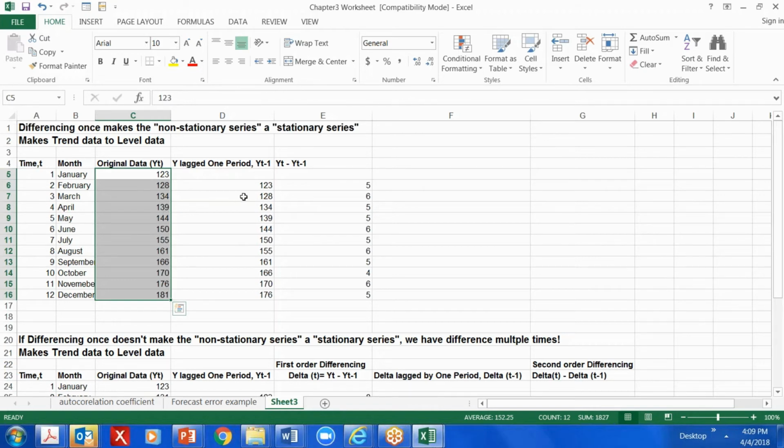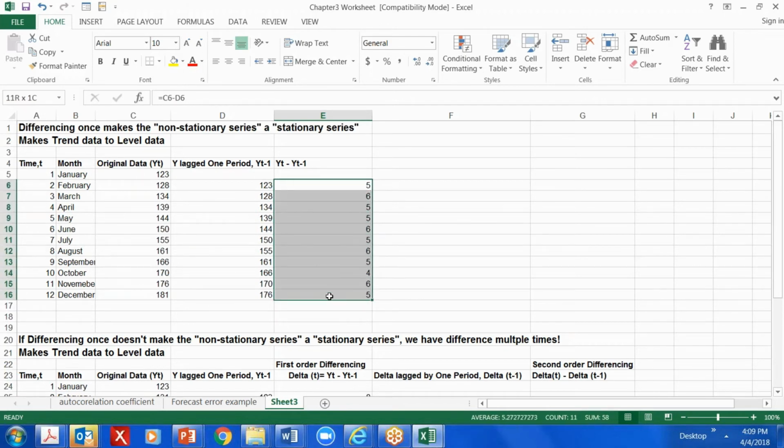So it has a trend, or is non-stationary. Whereas the differenced part has values of 5, 6, 5, 5, 5, 6, like that. So clearly this data is level data moving around an average. In other words, it is stationary.